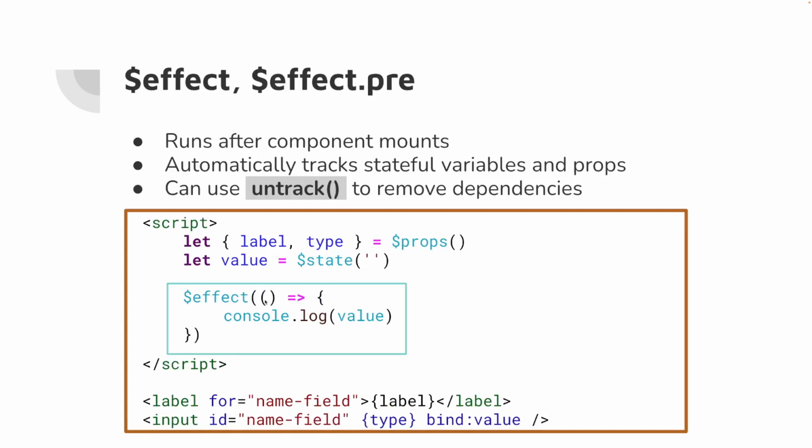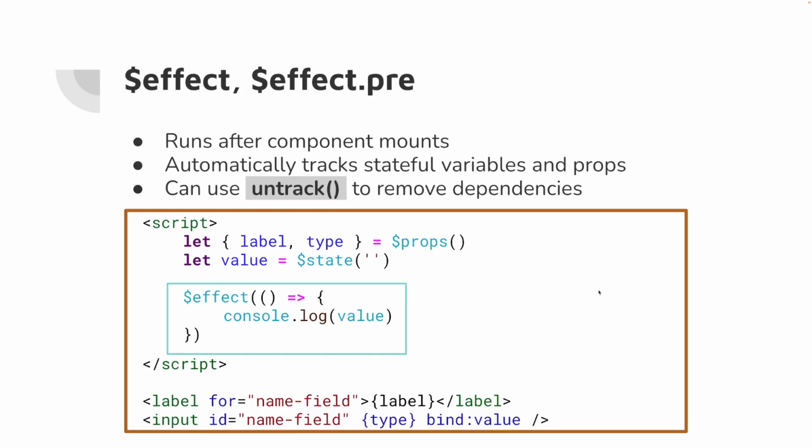Highlighted below is the effect example. You pass in a function. The value variable here is automatically tracked as a dependency. So anytime value gets reassigned, this effect will rerun, unless you untrack the value using an if statement or using the untrack helper method.